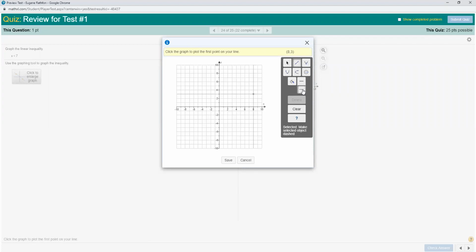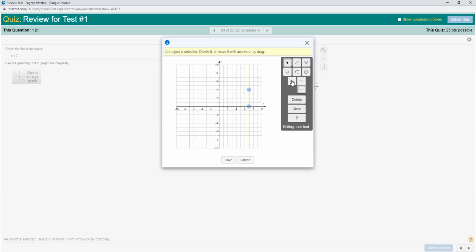Okay? Now, here's what you do. Since x is less than 7, you go to 7 on the x-axis, click it, and then go up or down and make another point. Anywhere on that vertical line, make sure you got a vertical line when this is an x over here, okay? Now, less than is either going to shade to the left side or to the right side.